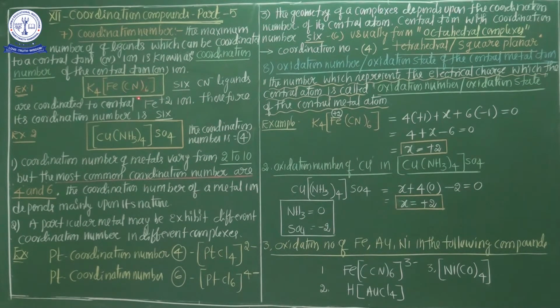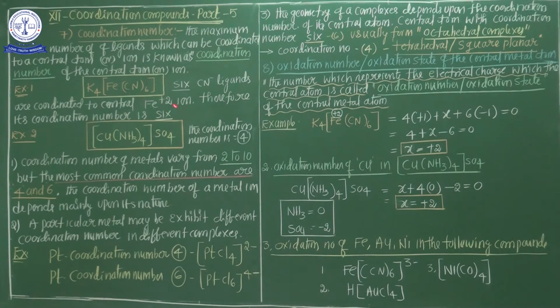How many ligands are there here? 6 ligands are there. Iron is the central metal atom here. So how many ligands are directly attached to the iron? 6 ligands are directly attached to the central metal atom. That's why iron's coordination number is 6.